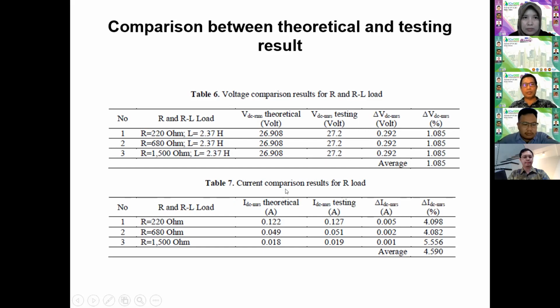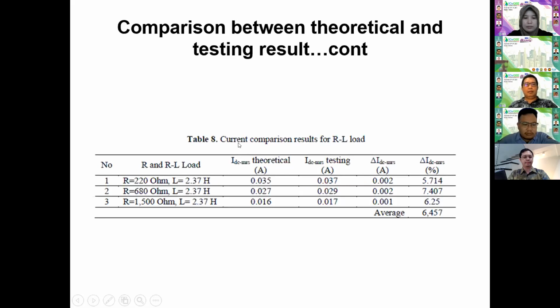For current comparison for R load, we have an average difference of 4.590%. For current comparison results for RL load, we have an average difference of about 6.457%.